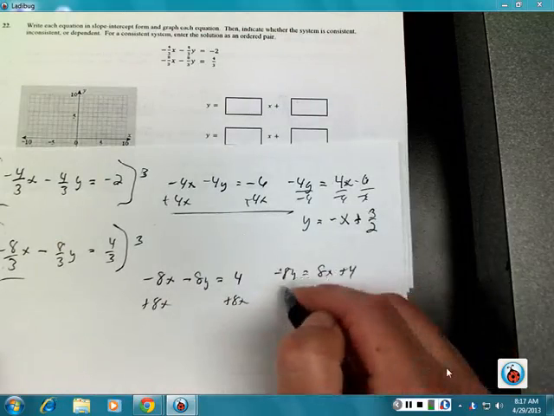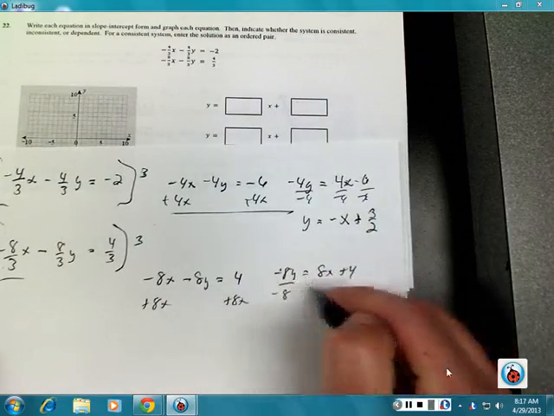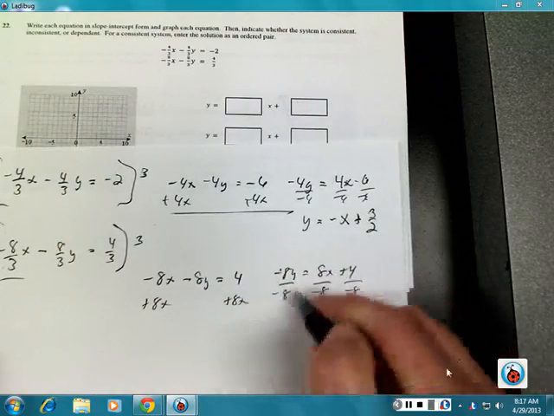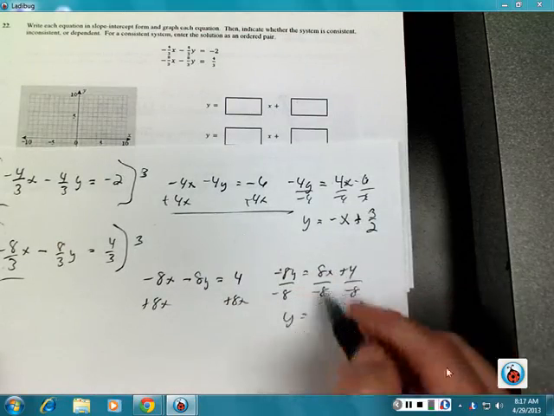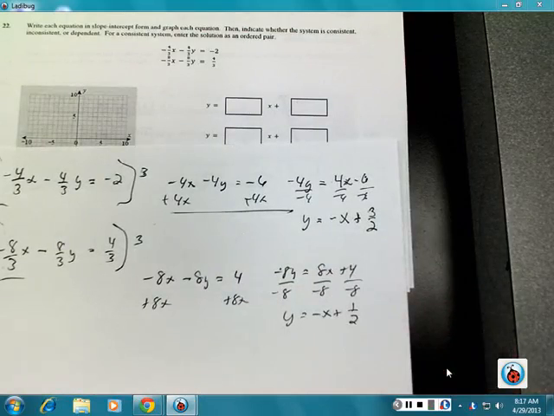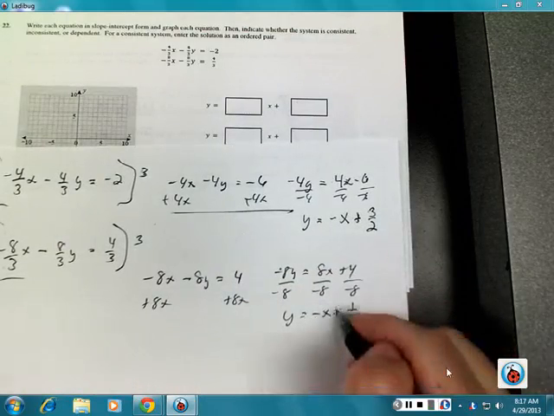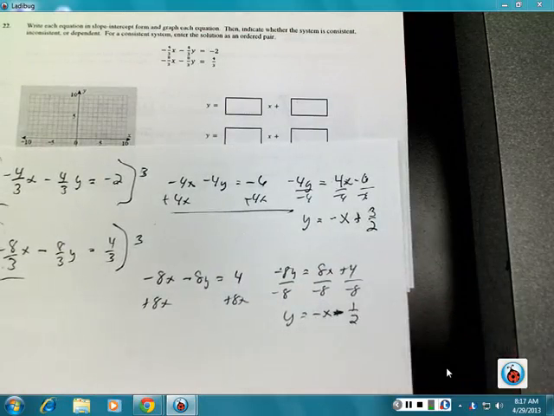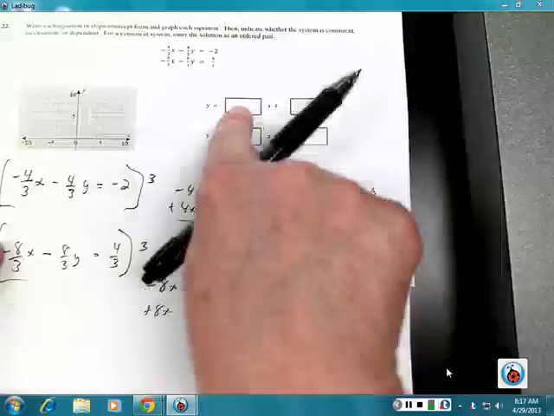Divide by a negative 8. And I find y is equal to a negative x minus 1/2, watch my signs. Okay, so that fills this piece in.